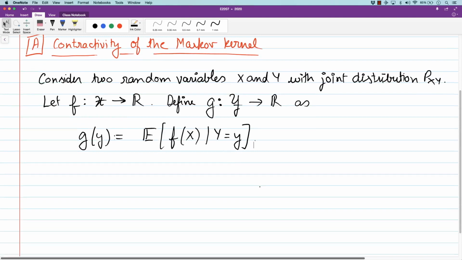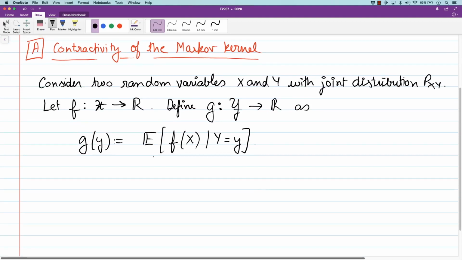So this operator, we'll denote by W the channel P_{X given Y}.